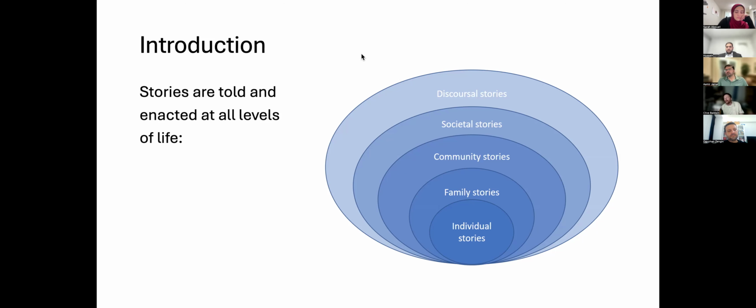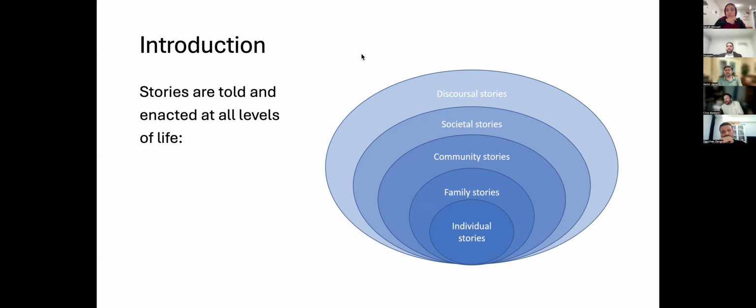During that strike, a number of miners broke away and formed a separate union, and Thatcher used that as leverage against the mining communities and the National Union of Miners. Twenty years later, the miners who'd broken away were still referred to as scabs. This notion that they broke the strike, they betrayed the community. So these sorts of community stories are very strong and very long lasting.